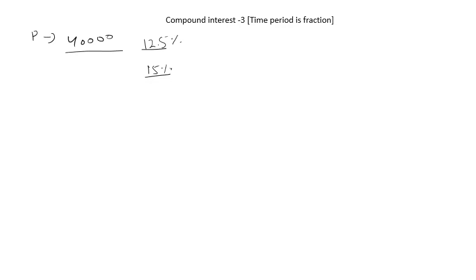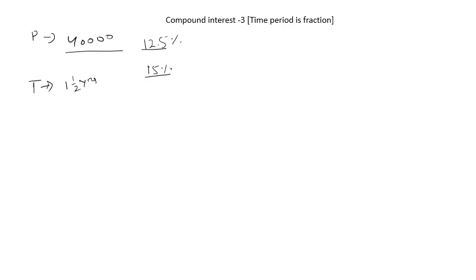And the question is asking you to find the compound interest for the time period of 1.5 years. So how to find this? It's very simple. See, 12.5% is 1/8, isn't it? 25% is 1/4, 12.5% is half of that, that is 1/8.